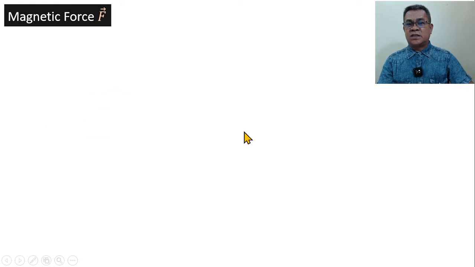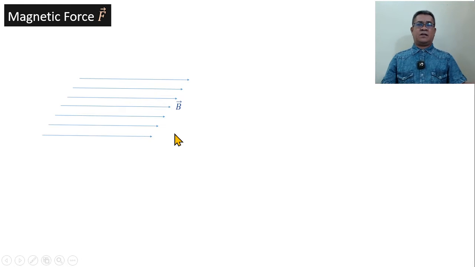Okay, so let us now look at the formula: how to calculate the amount of force. Consider again the magnetic field towards the right, and the charge travels with velocity v. Since there is a velocity and we have the magnetic field, then we have the force.